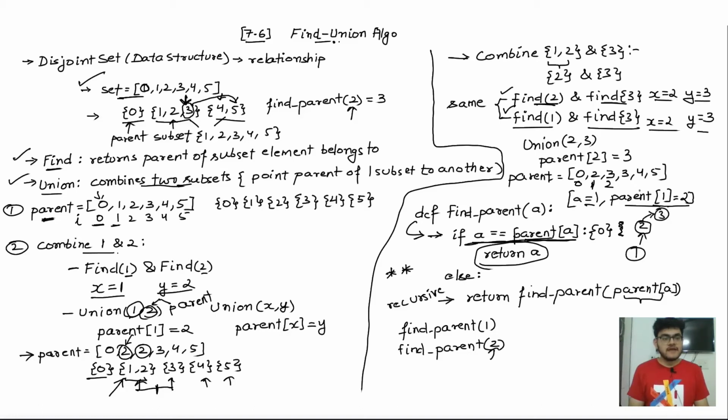And then at 3 we have the parent, so we are going to say that this is actually the parent, right? So we have obtained this whole subset 1, 2, 3, which has 3 as a parent, and similarly we will do the same step with 4 and 5 also. We are going to call these functions.